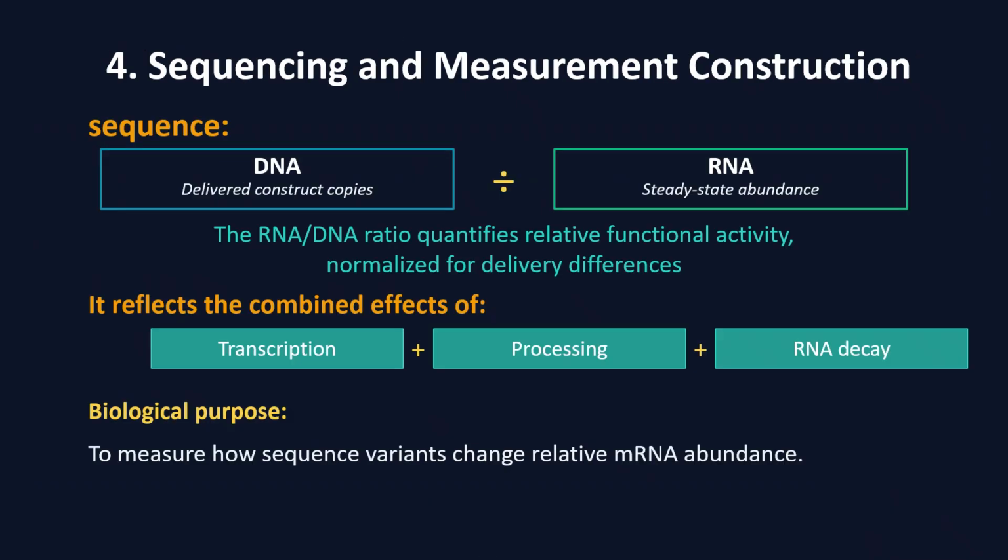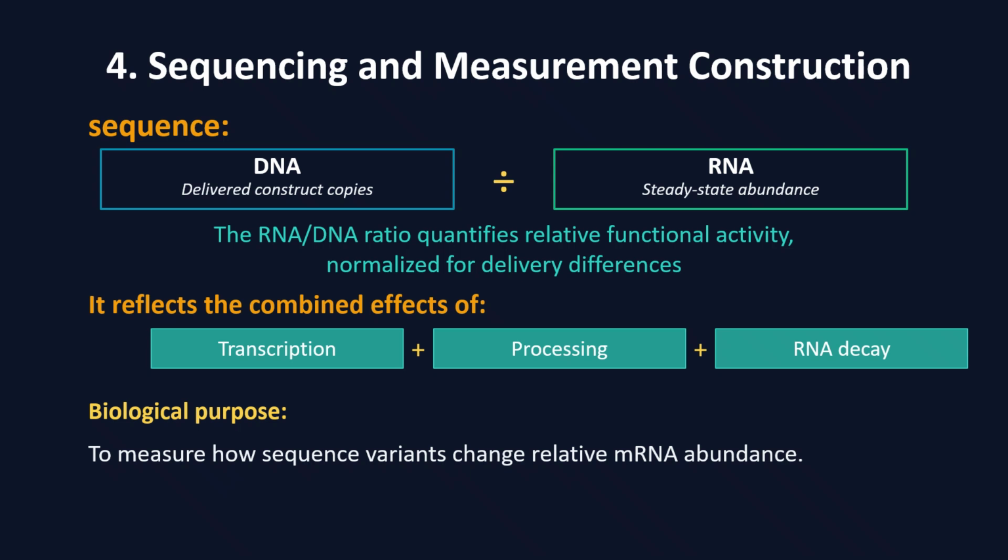So after the library is expressed, we quantify the activity of each sequence by sequencing both the DNA and RNA. DNA sequencing tells us how many copies of each construct were delivered, whereas RNA sequencing tells us how much transcript was produced.